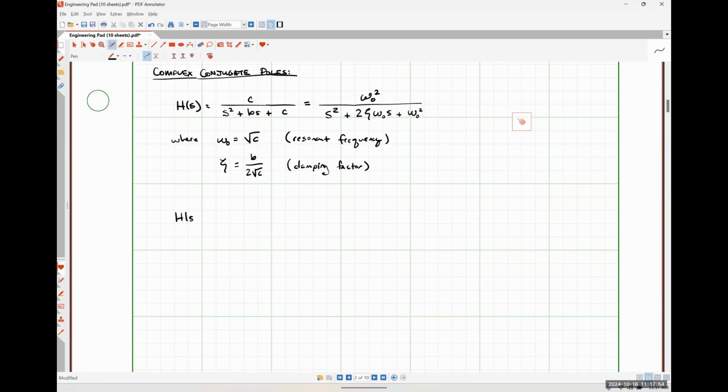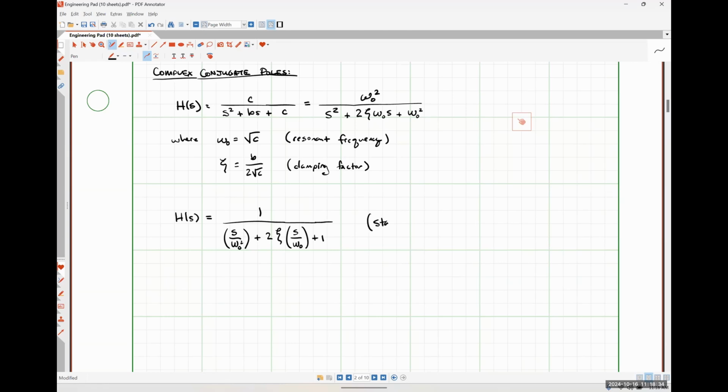So h of s in our standard form, and I'm talking about the standard form where we have our s terms over our pole frequencies and things like that in our denominator, we could write this as 1 over s over omega naught squared plus twice zeta times s over omega naught plus 1.